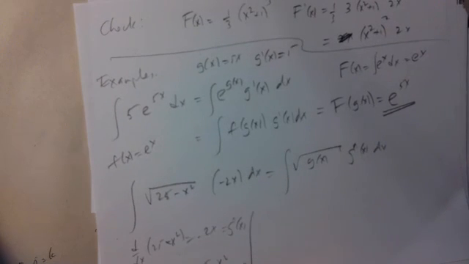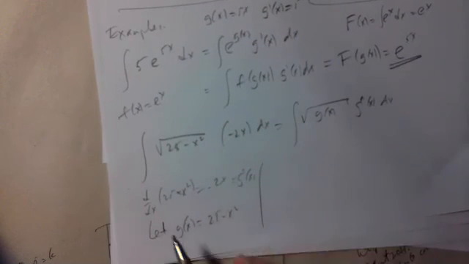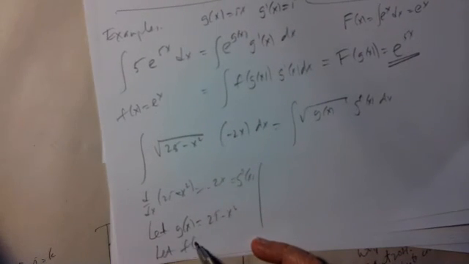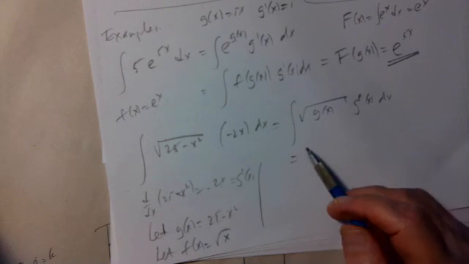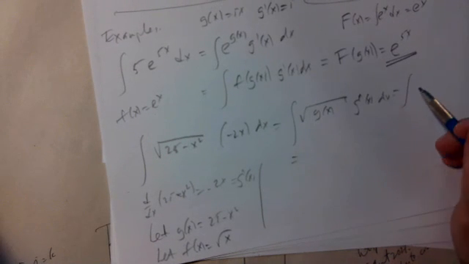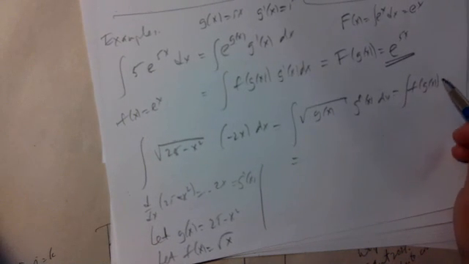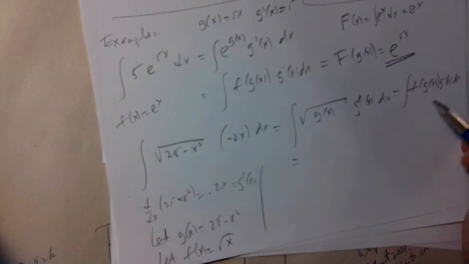If you let f of x equal the square root of x, this is the integral of f of g of x, g prime of x dx.